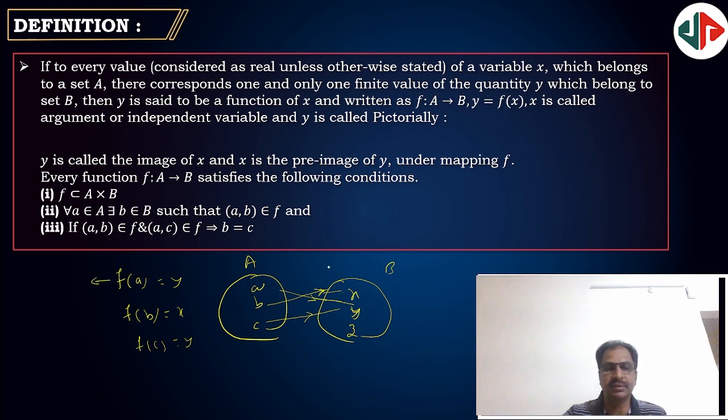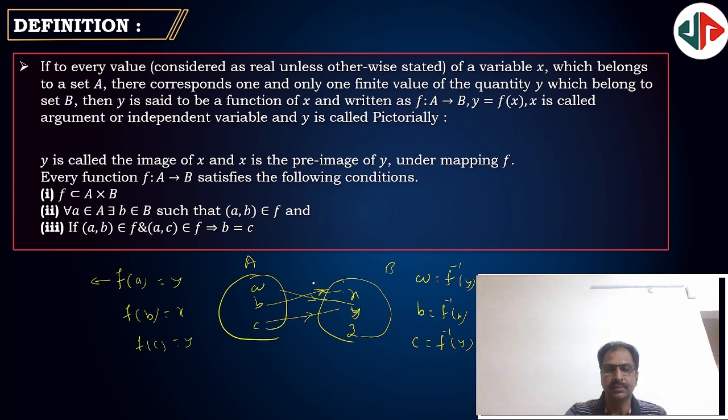A is known as the inverse image of Y, B is the inverse image of X, even C is the inverse image of Y. This is what is meant by image and inverse image.